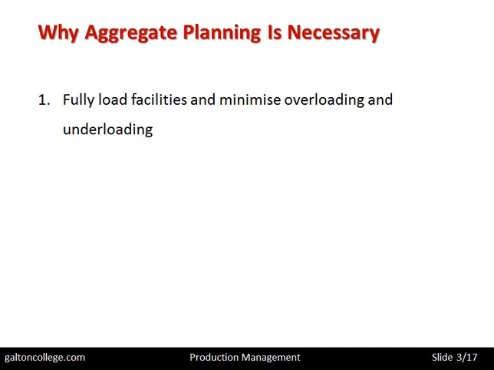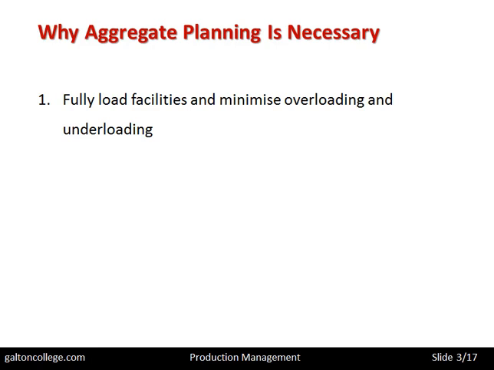Then, with that as the capacity limit, try to decide what is overloading and what is underloading, what is trying to do too much, and then minimize overloading, trying to reduce it down to the optimal level. And likewise, if there is spare capacity within the plant, try to utilize that. So try to minimize underloading, trying to bring it back up to the optimum.